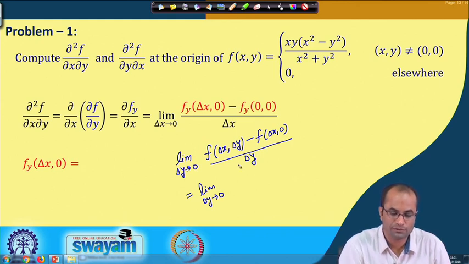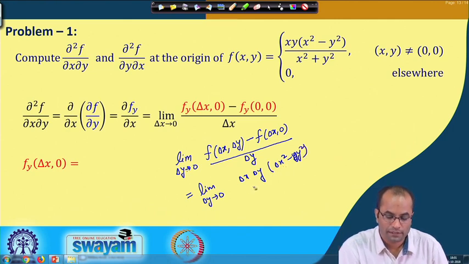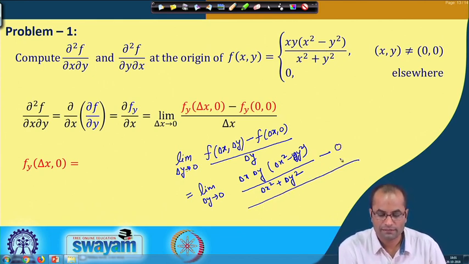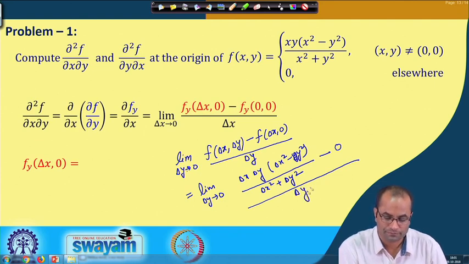Now if we compute this, delta y goes to 0, f(delta x, delta y). We substitute delta x and delta y, and we have (delta x squared minus delta y squared) over (delta x squared plus delta y squared), minus f(delta x, 0). When y is 0, this will become 0, and we have this delta y term.